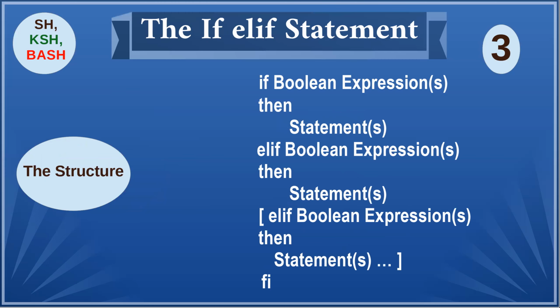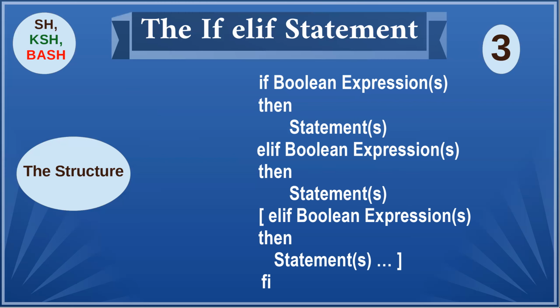Then you do another elif Boolean expression, and then you execute those statements. Notice the left bracket and right bracket around more elif, and then the 3 dots representing that if you have more comparisons, you're allowed to run more than 1 elif statement by providing the syntax that I provided within the brackets.